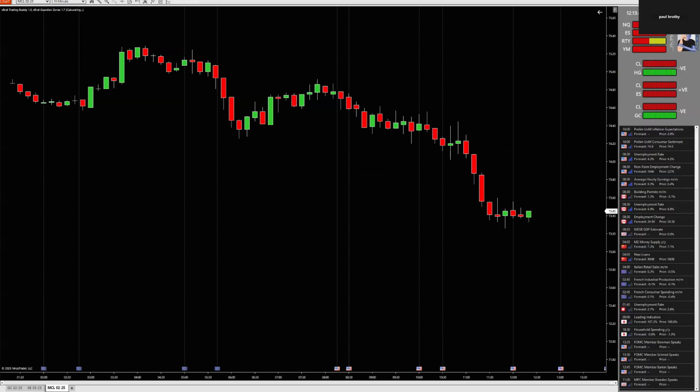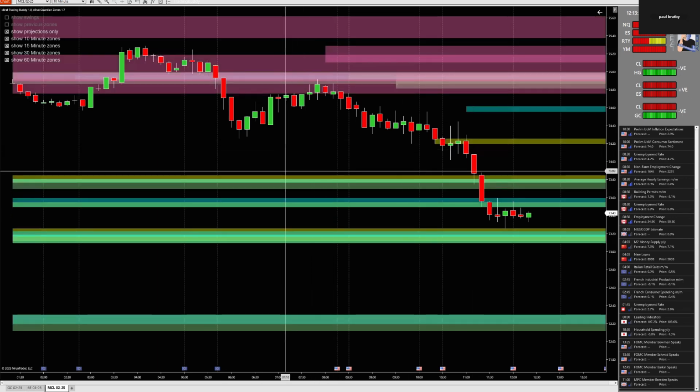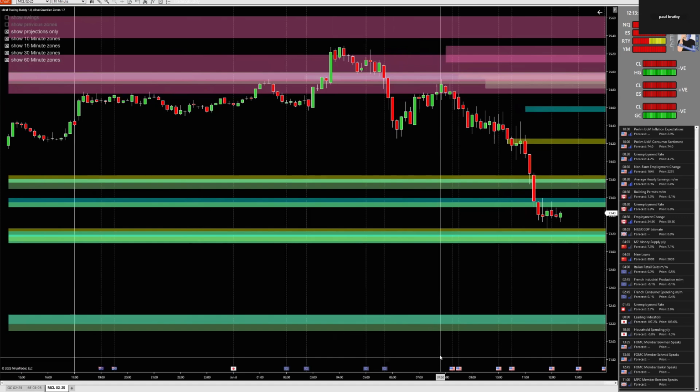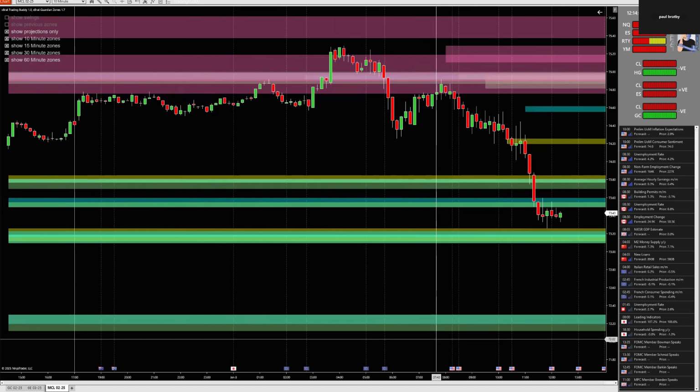On the indexes now, all 4 indexes are pretty much going red again. We've got these negative, positive, negative correlations there, all good. So now I have my support and resistance zones on this standard operational landscape chart.